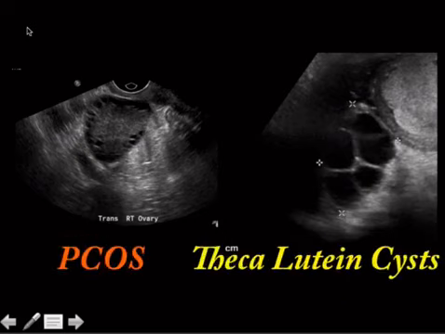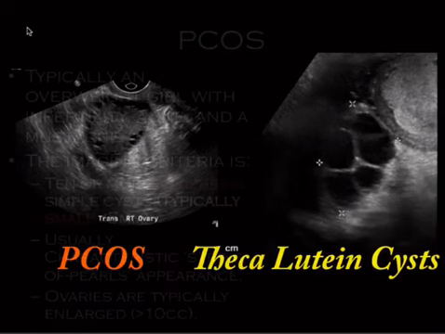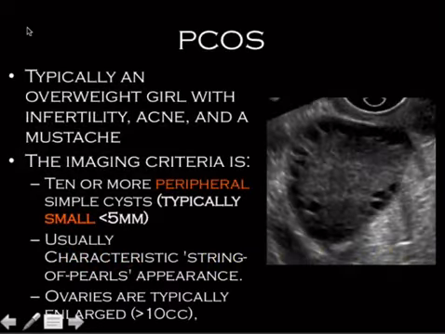These are the theca lutein cysts, and we've got the peripheral, bunch of small peripheral ones, which you probably see all the time, typically in a fat girl who has fertility issues and a mustache. The mustache is unrelated to her fertility issues. Usually, girls with mustaches have fertility issues, but for a different reason.